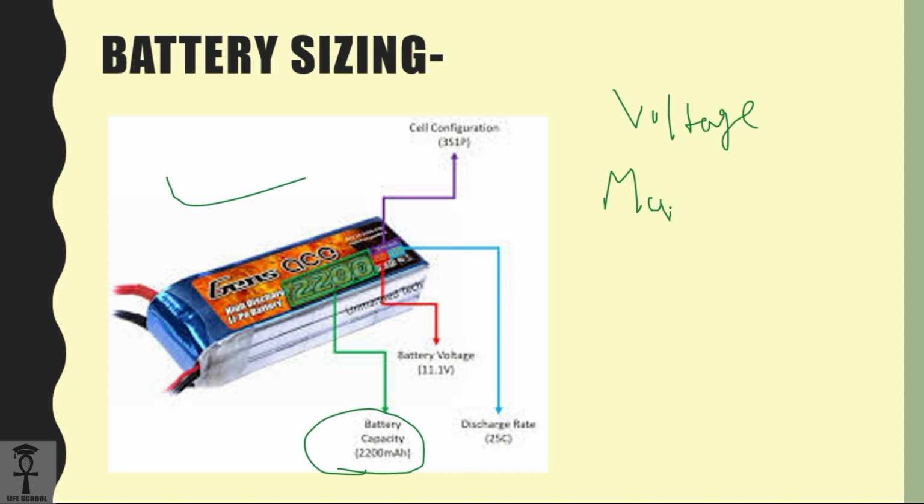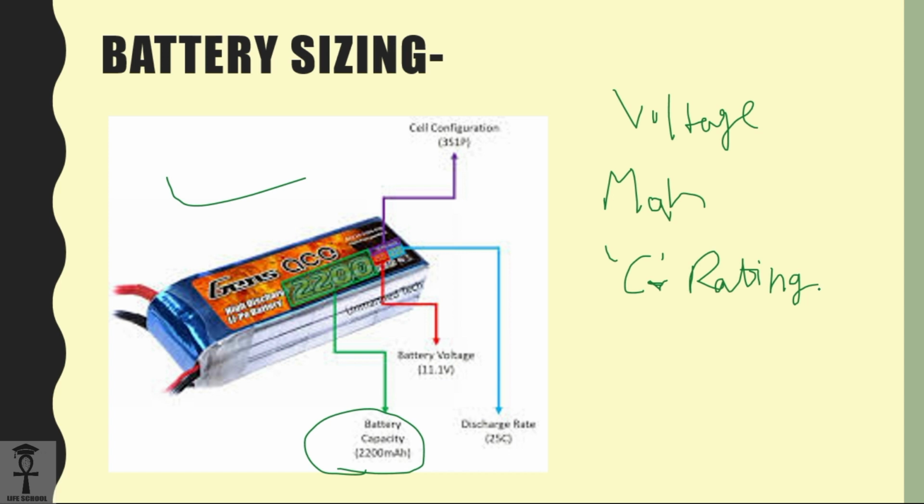So basically that is the charge stored in the battery, mAh. Then the C rating. So C rating is the one which is related with the amount of current that the battery can burst. So how much current at a time the battery can discharge.